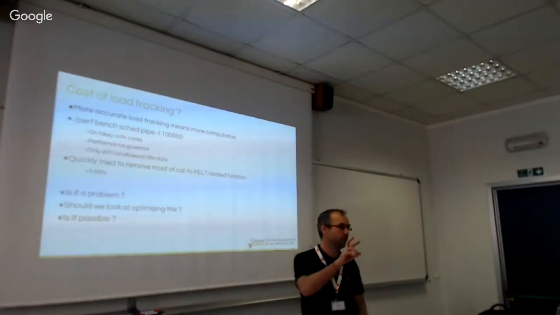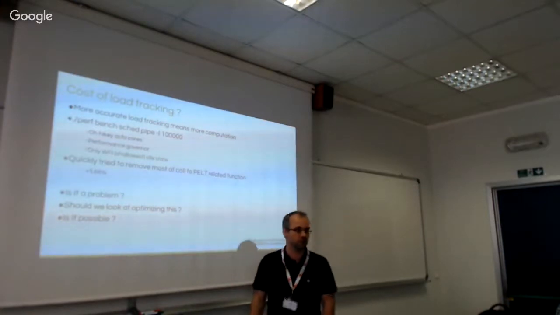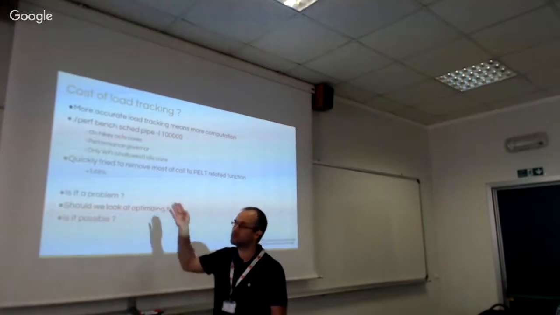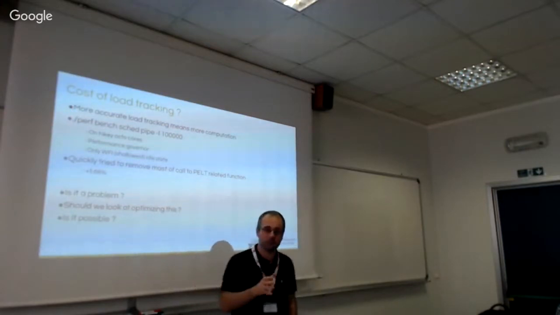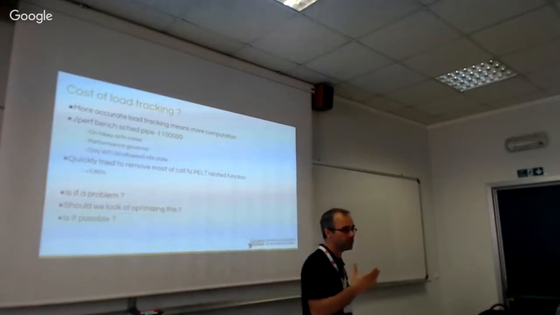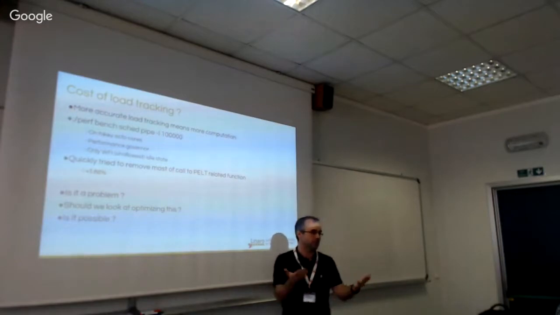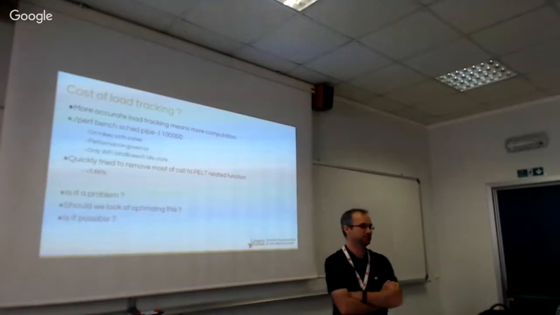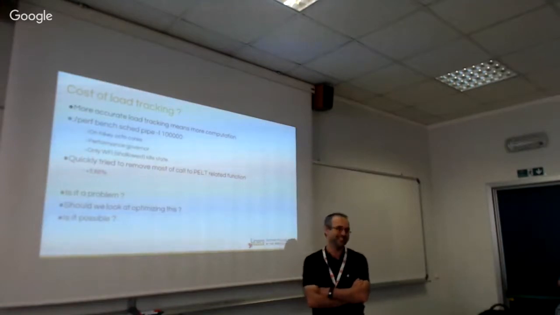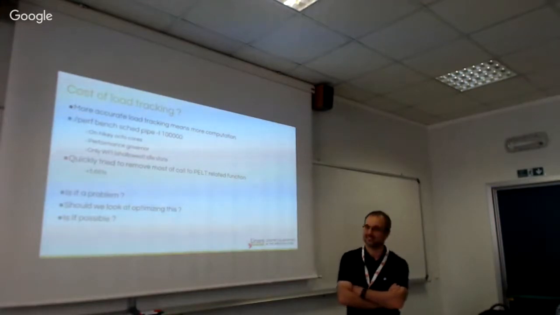No, I was using 2 CPUs at the same cache level. It was just quick and dirty, to have an idea, but that starts to be quite significant. So should we also look at how we can optimize? Is it really a problem? It's a matter of benefits and cost. Some people are always complaining that it's too expensive. Everything's too expensive, I agree. Should we look at it? Yes. Is it possible? We'll see.